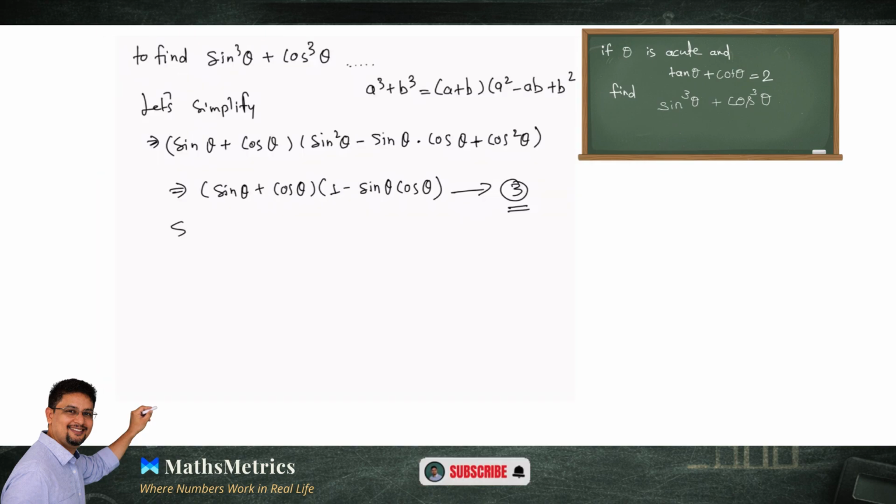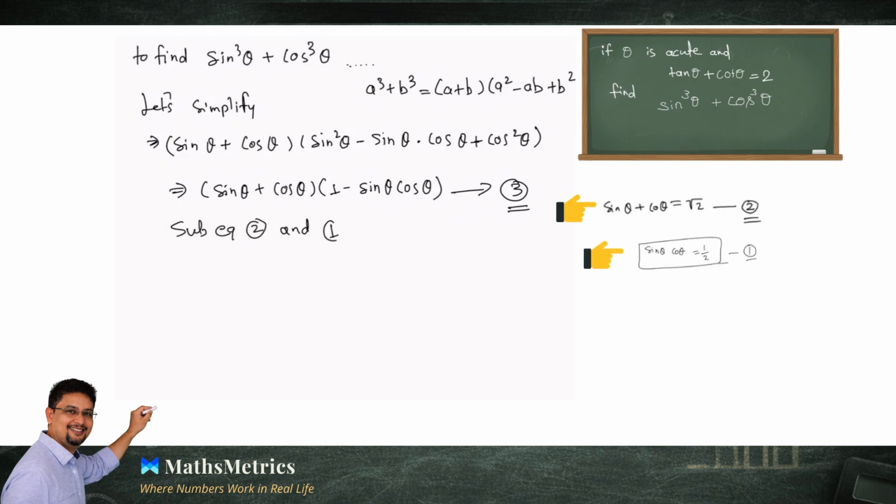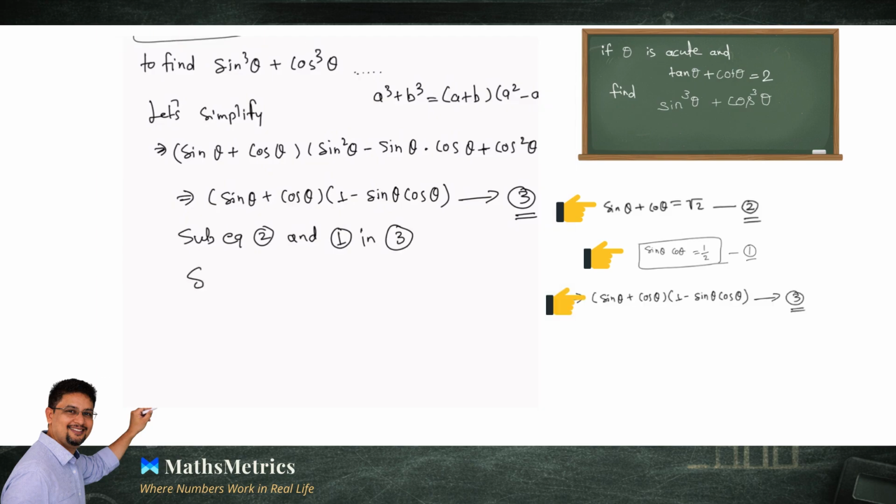Now substitute equation 2 and 1 in 3. So now the equation becomes sin³ θ plus cos³ θ equal to root 2 into 1 minus 1 by 2.